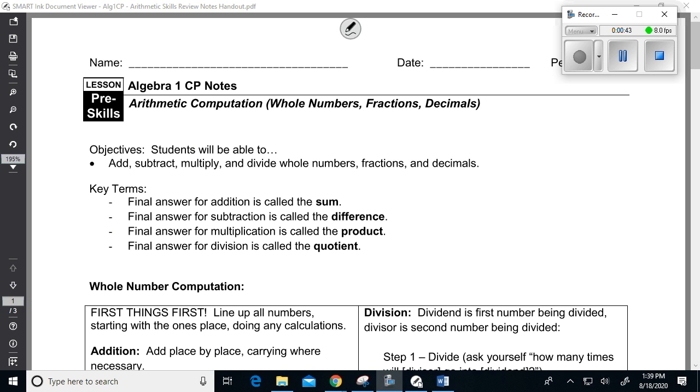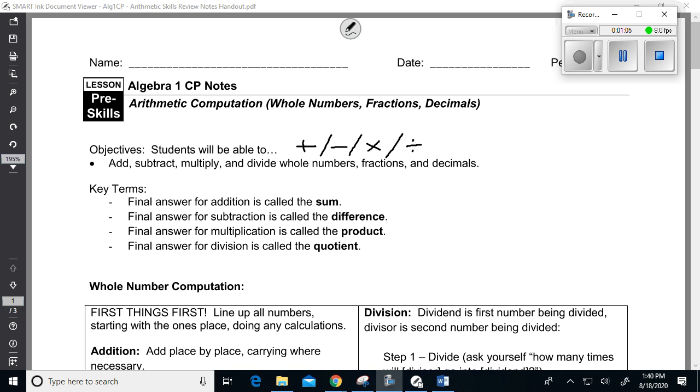So, a couple things to review before we get started. Of course, arithmetic is the basic four operations: adding, subtracting, multiplying, dividing. Now, if you're copying the notes down, don't feel that you have to copy this word for word.